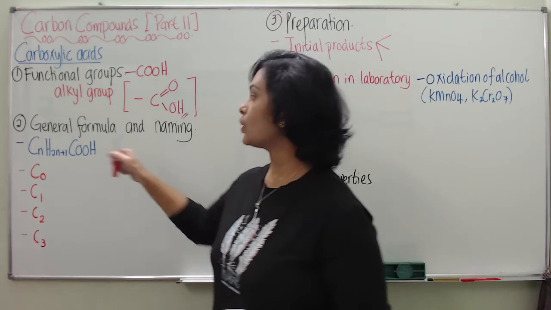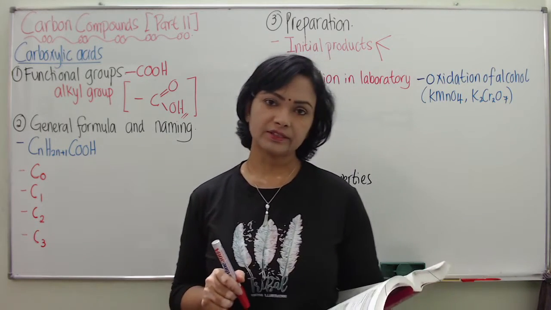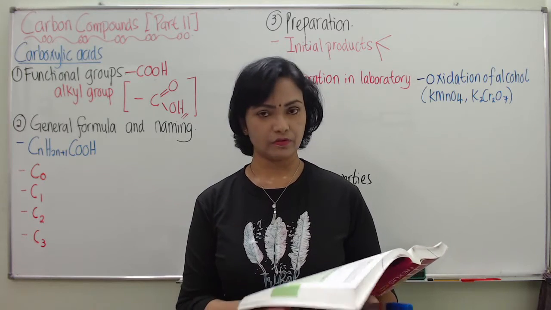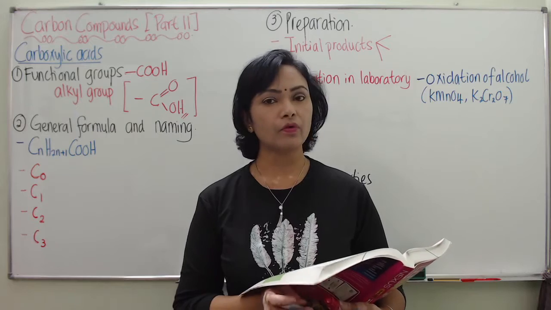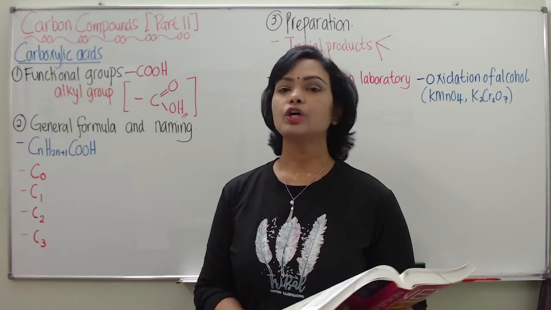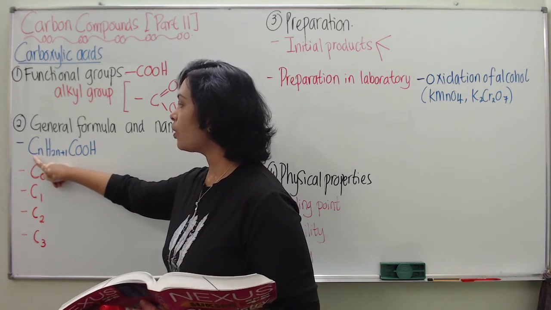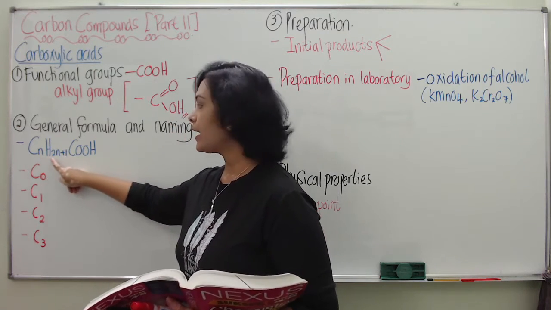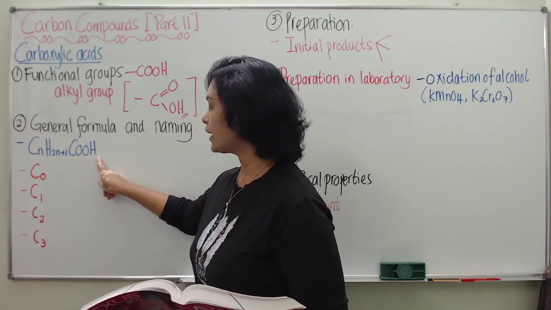Now let's start on the general formula. As I have discussed before, each homologous series will definitely follow one common general formula. So carboxylic acid has the general formula of CnH2n+1COOH.